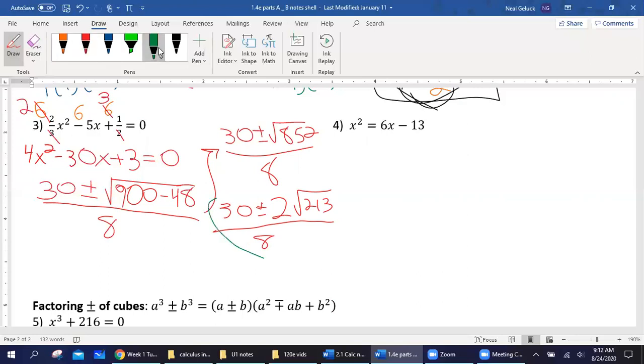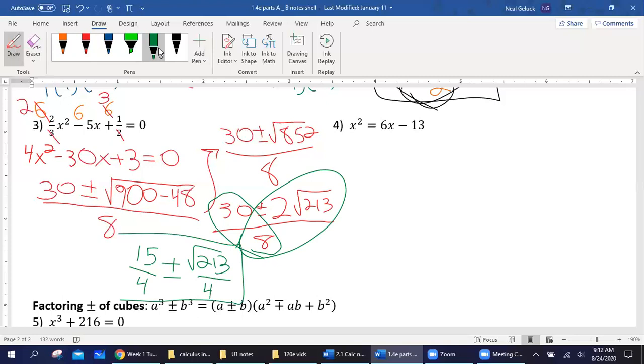And if I reduce this, this is going to be 15 over 4 plus or minus, the 2 and the 8 would reduce down, root 213 over 4. So fairly gross numbers. Again, you probably won't see anything that big on a quiz or exam.